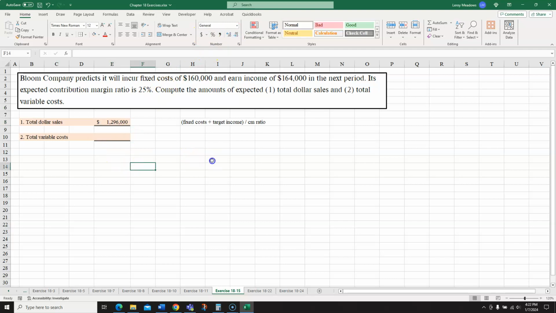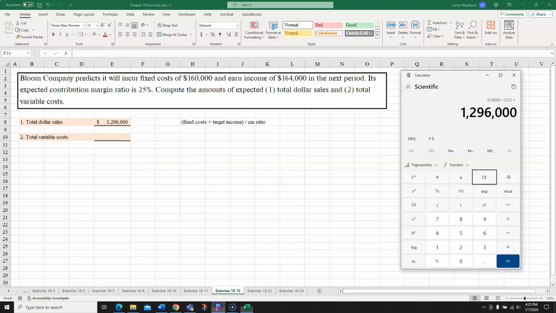Now my total variable costs. I could do this one of two ways, but I know my dollar sales, and my contribution margin is probably the easiest way to do it. My contribution margin is going to be 25% of that, right?